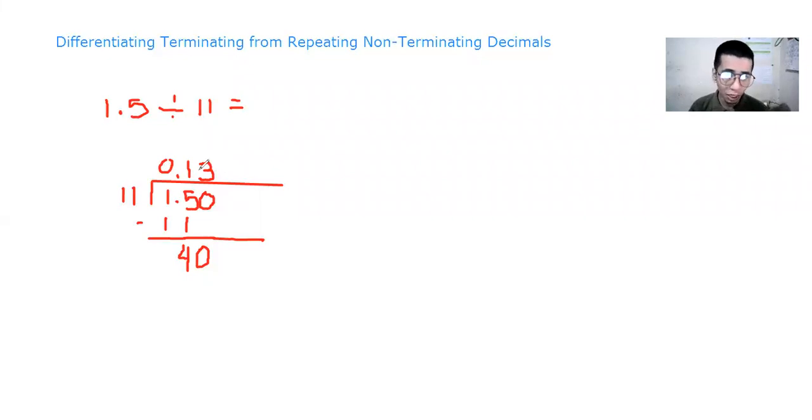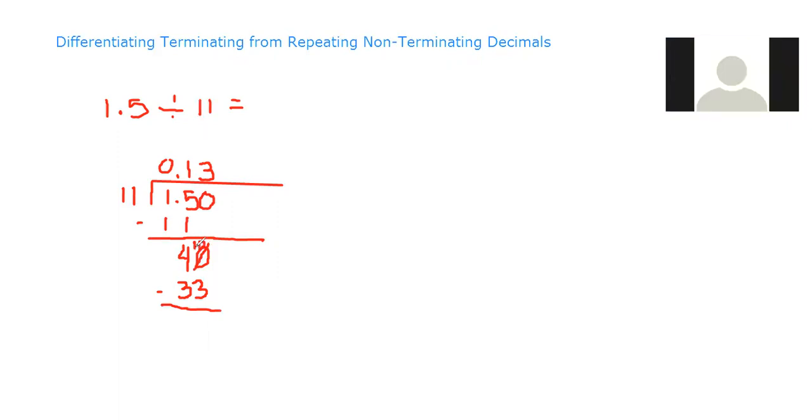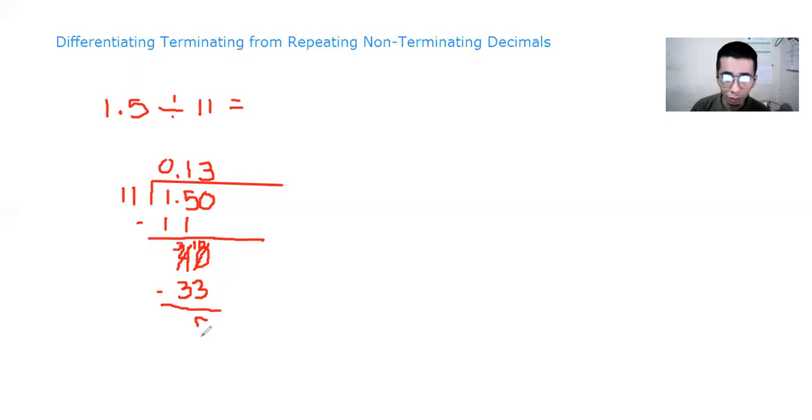So, 3 times 11, that is 33. Then we're going to subtract 40 minus 33. So, this 0 will be 10, and we're going to borrow it to 1. So, 4 will be 3, and this will be 7.